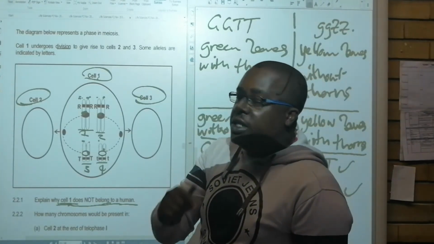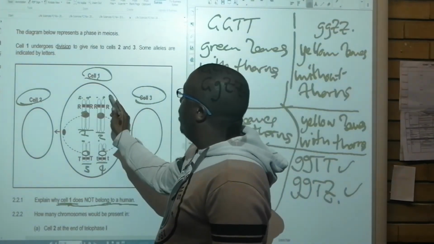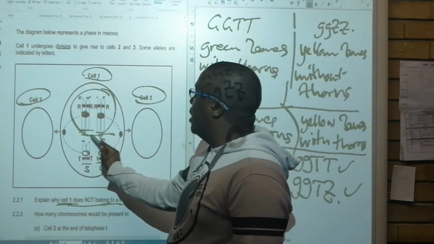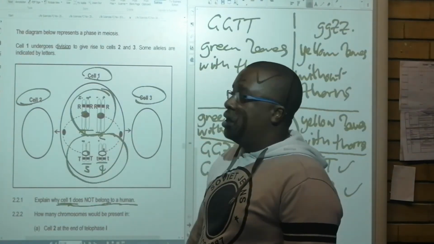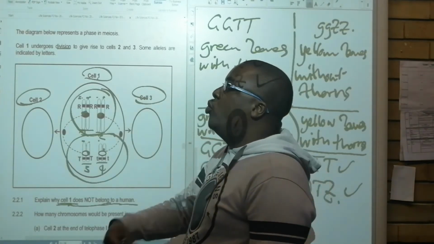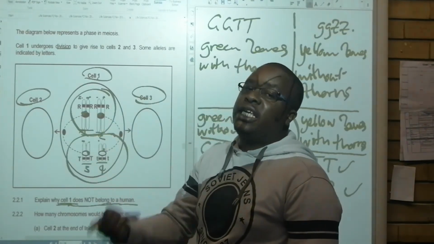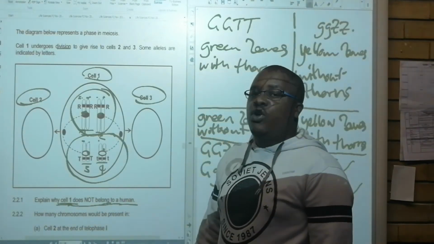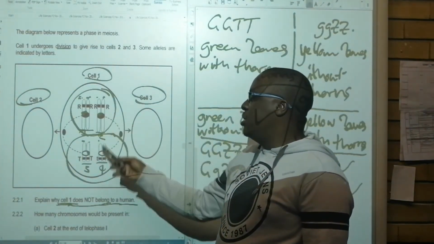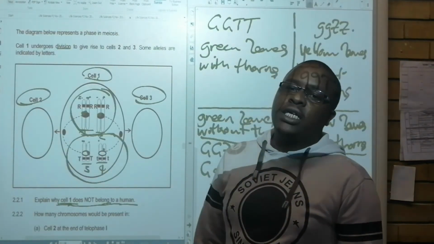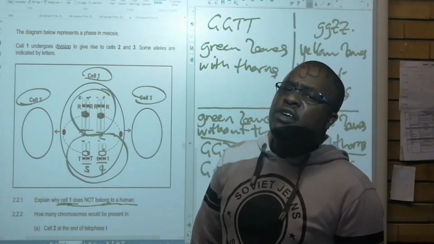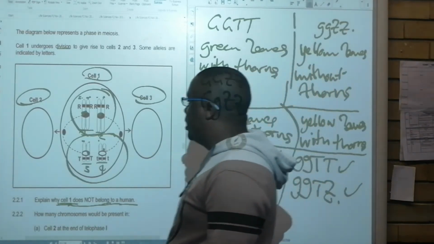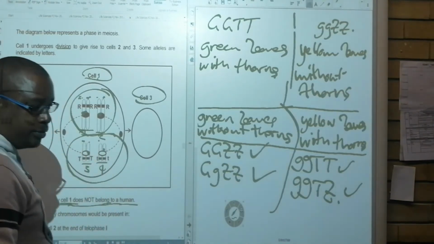Or alternatively, this is a homologous chromosome pair, and this is another homologous chromosome pair. You could also say that cell 1 does not belong to a human being because it has 2 pairs of homologous chromosomes instead of having how many? 23 pairs of homologous chromosomes as in a human being.